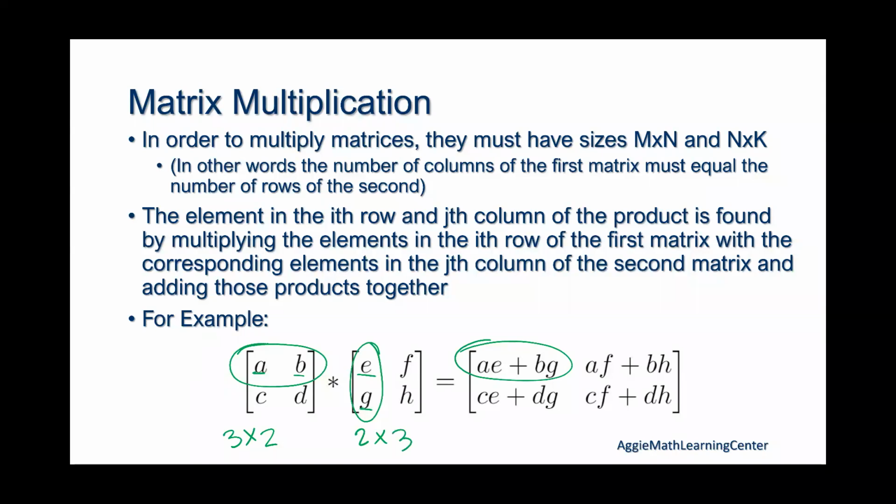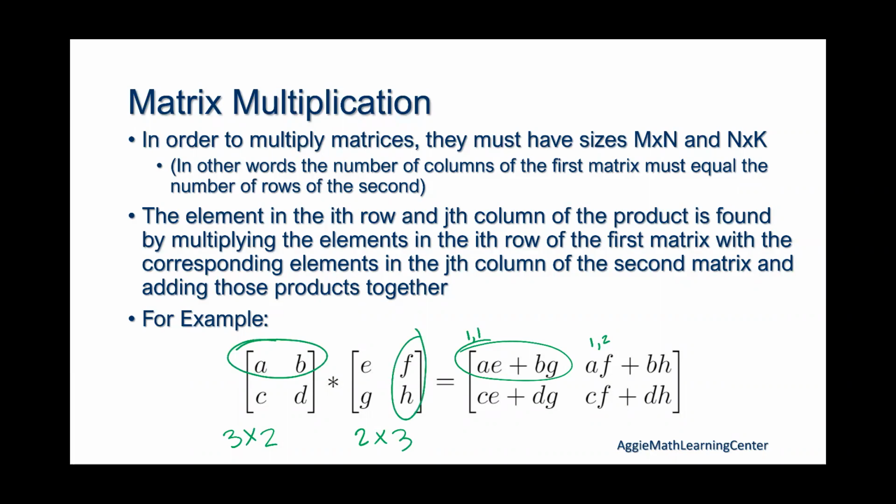So what do you do after the first row and the first column? Yeah, so after that, this is entry 1,1, row 1, column 1. If we want to go on to row 1, column 2, we're going to go to the first row and the second column of the second matrix.